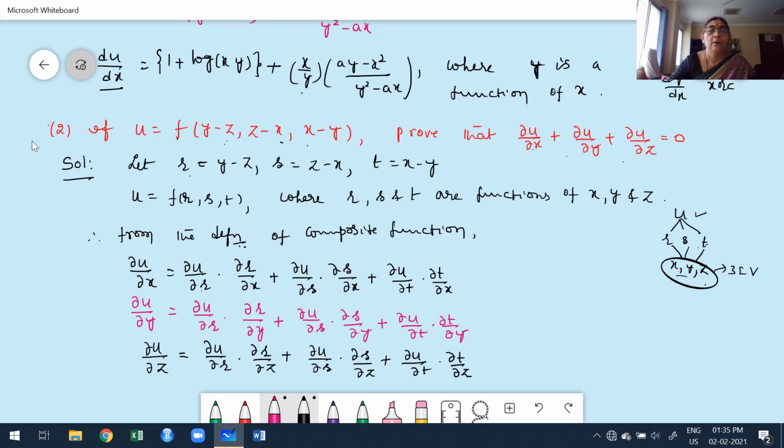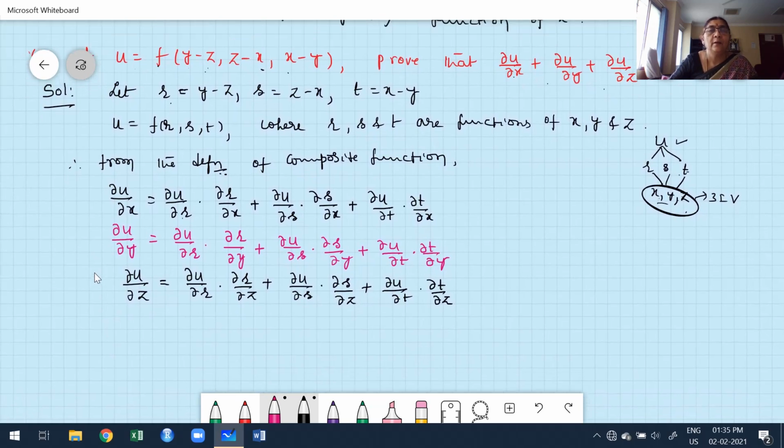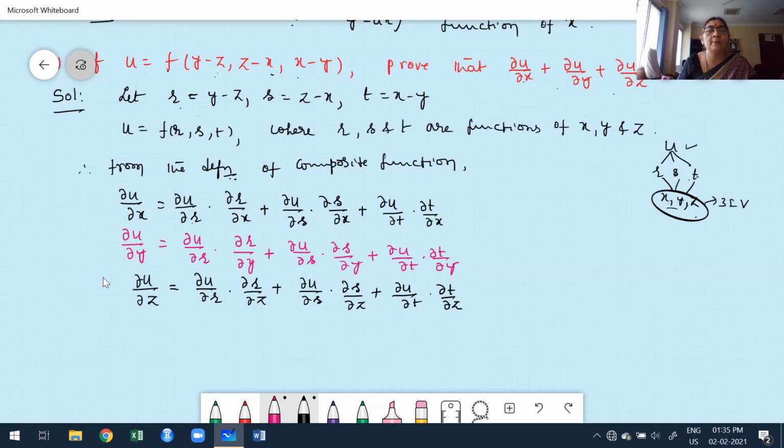Now I have to substitute these values here. But they gave U as a function of X, Y, Z, right? Okay, fine. This is a simple one. I'm going to substitute directly for ∂U/∂X the right-hand side value. Observe carefully. They gave U as a function of R, S, T. Therefore, what is ∂U/∂R? ∂U/∂R only.